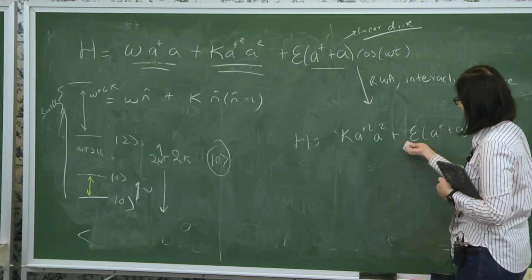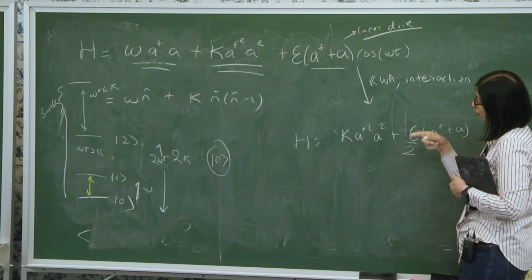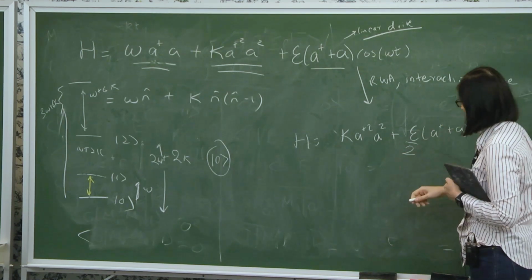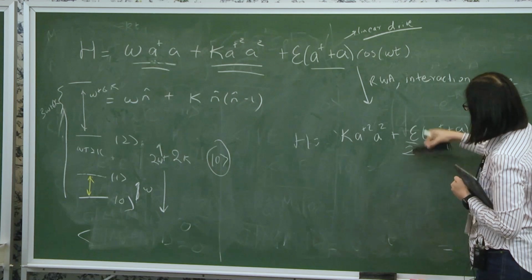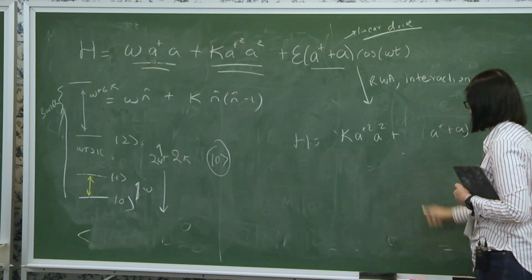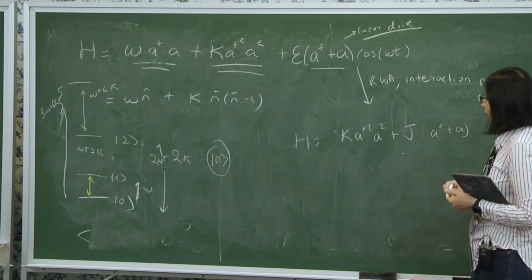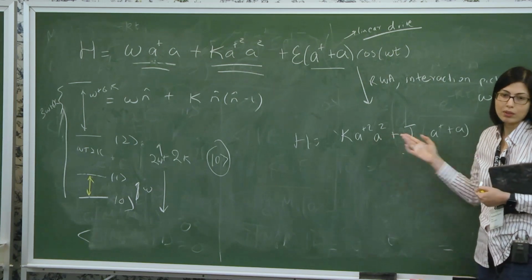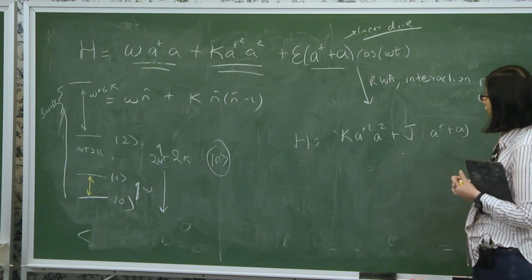I think you will get a factor of 2 here because of the rotating wave things, but I'm just going to call epsilon by 2 as J, whatever, it doesn't matter. This is where I want to get to, from here to here.